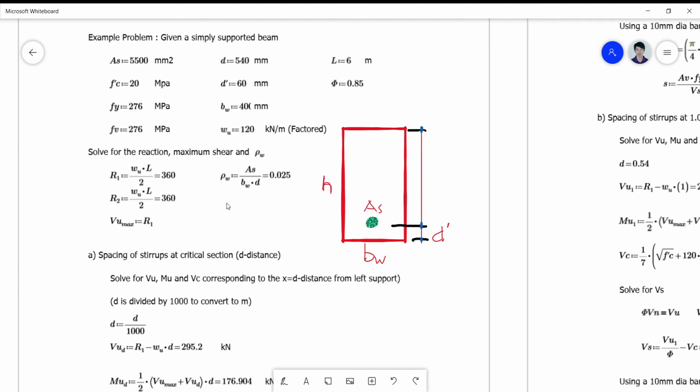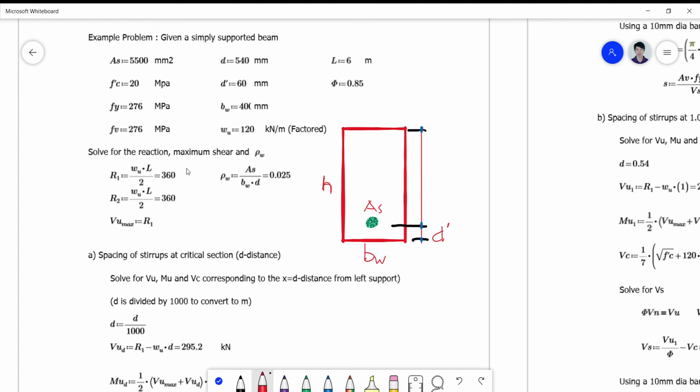So initially we solve for the reaction at maximum shear and draw the shear diagram of the beam. For a simply supported beam, the reactions are very simple to compute, since due to symmetry, we simply multiply WL over 2 and get the reaction at the left and the right support.